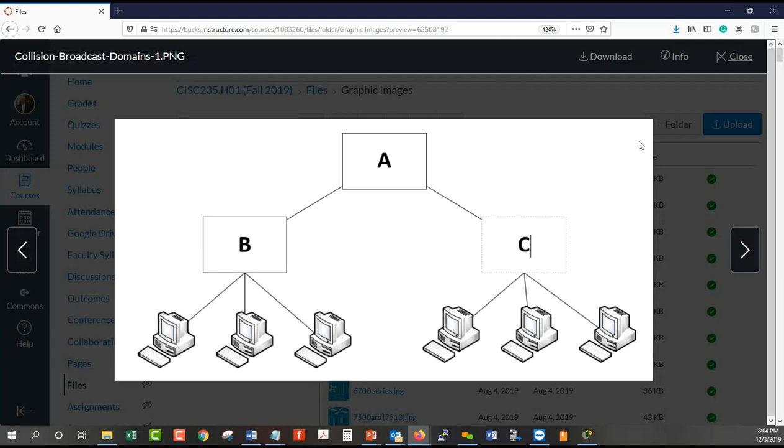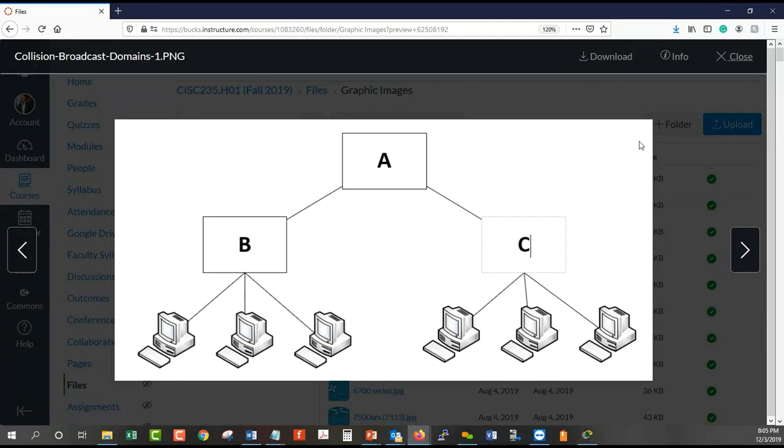Okay, there we go. Yes, Sharon. So, Sharon, you started off by saying that there were, how many did you say? I think you said there was like 6 collision domains. So do you now see where that 7th collision domain is coming from? So again, B and C are switches.